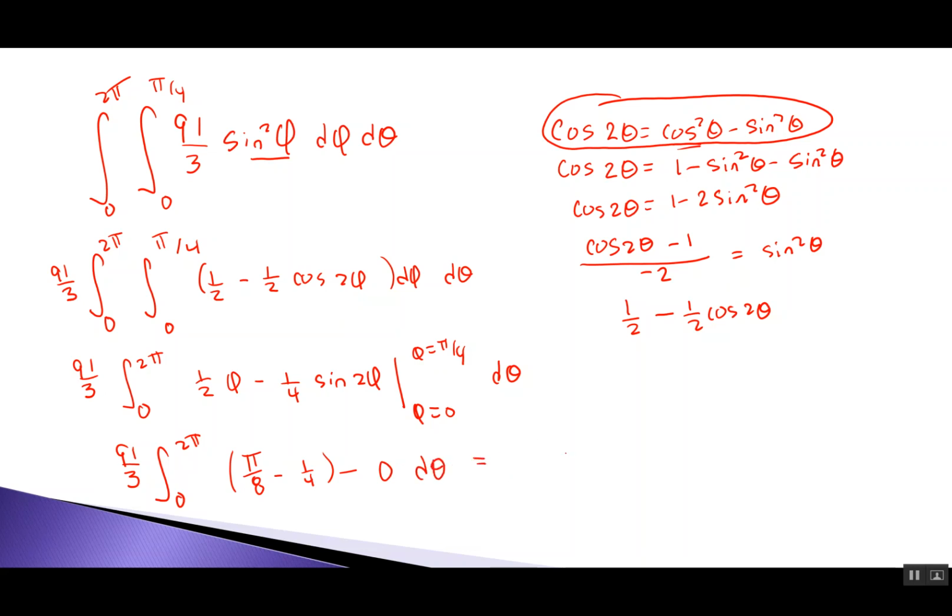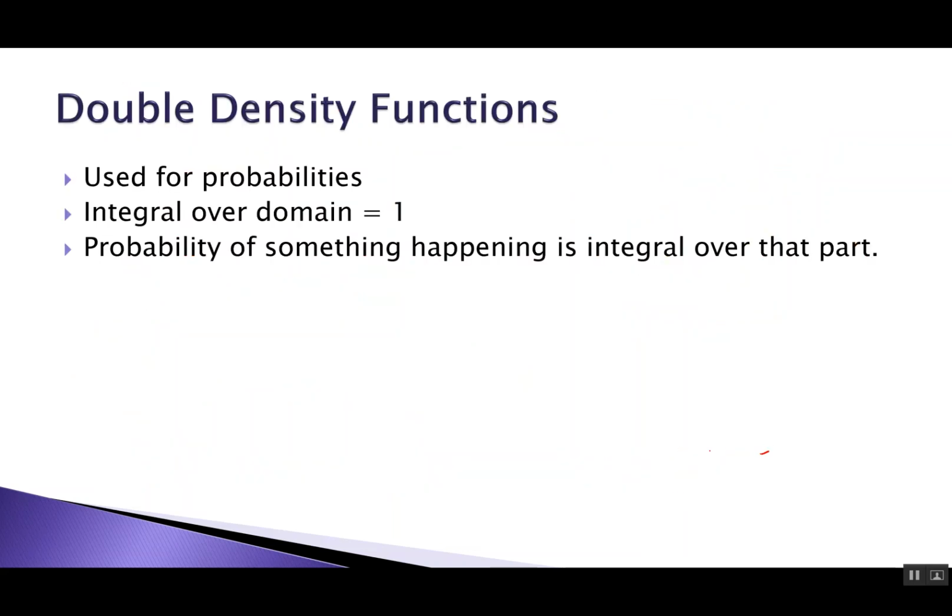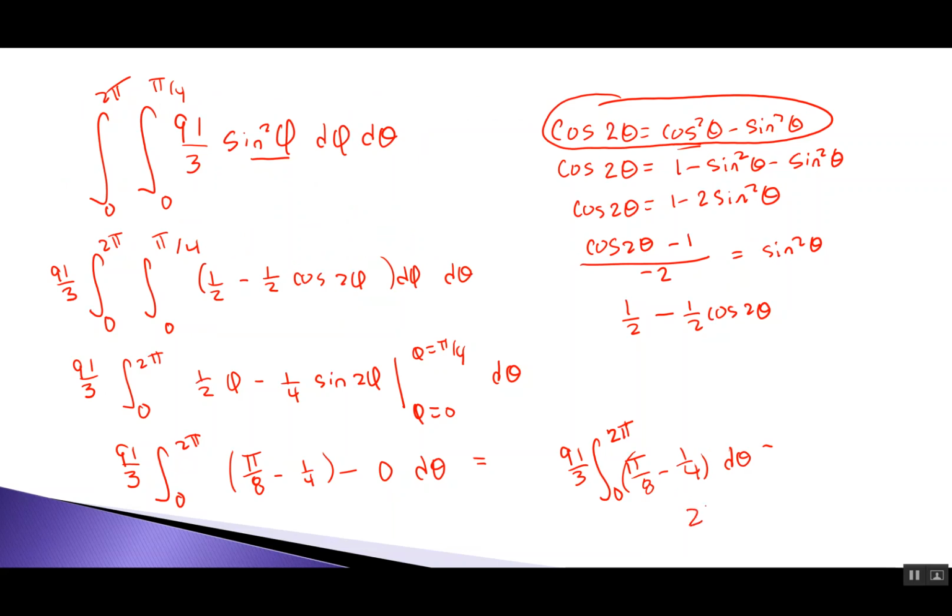So now I have 91/3, the integral from 0 to 2 pi of pi over 8 minus 1/4 d theta, which is 2 pi times 91/3 times pi over 8 minus 1/4, whatever that works out to be. So there's that.